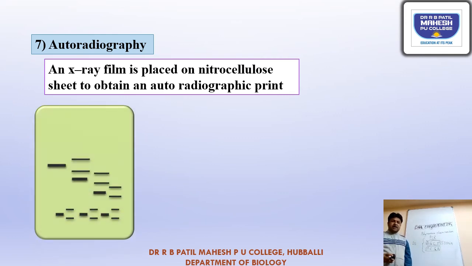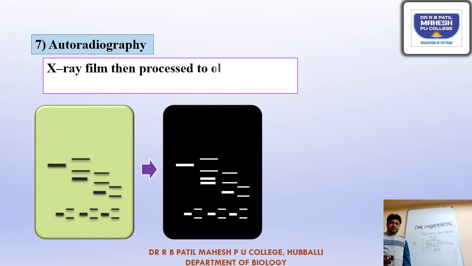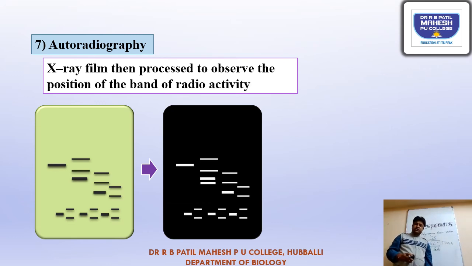Those prints are used to identify an individual at a genetic level. So look at here. This is the X-ray film developed after autoradiography. Such DNA is processed to observe the position of the bands of radioactivity.